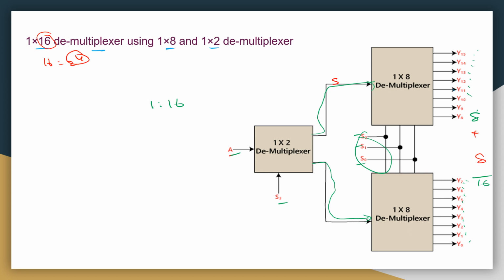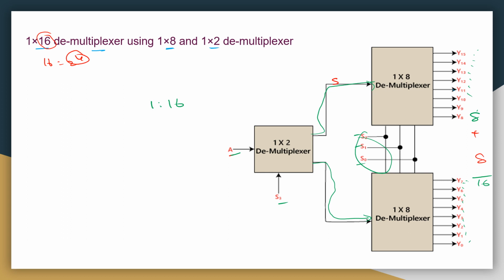Anyway, the conclusion of this video is, we started with how the demultiplexer functions. It is the exact reverse functioning of multiplexers. Later we observed some examples of demultiplexers: 1 is to 2, 1 is to 4, 1 is to 16.